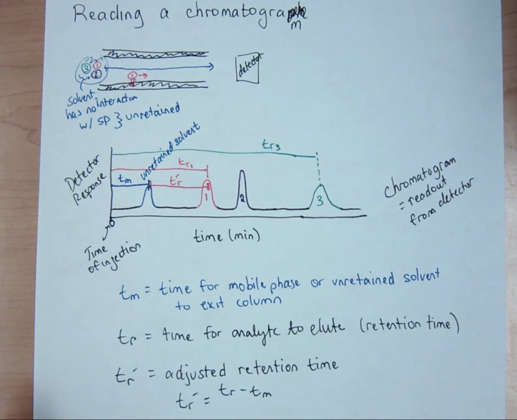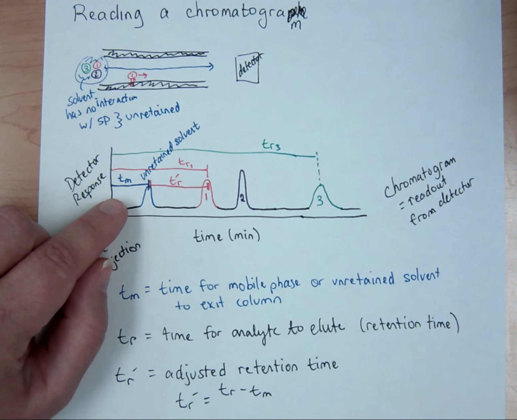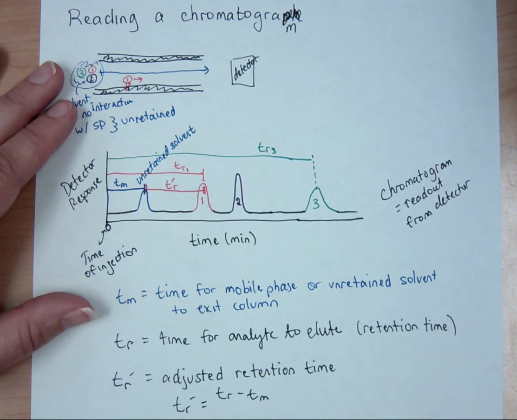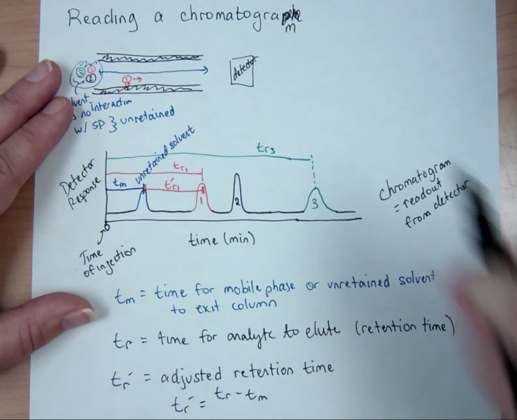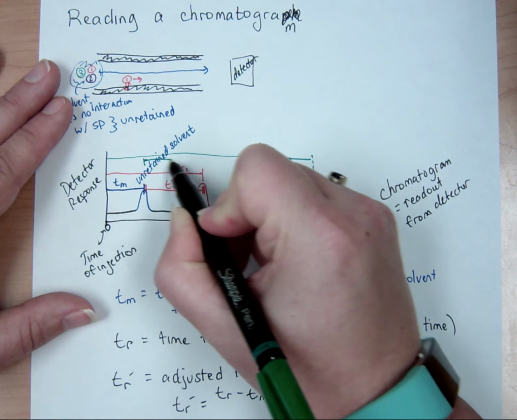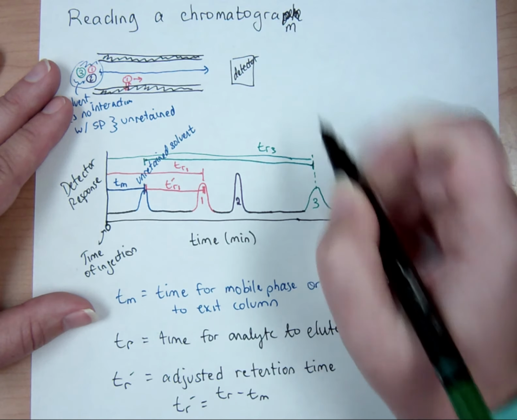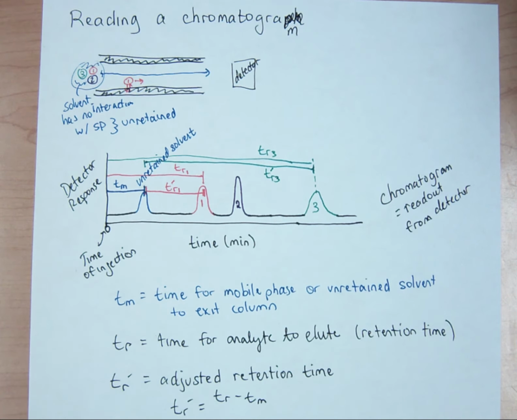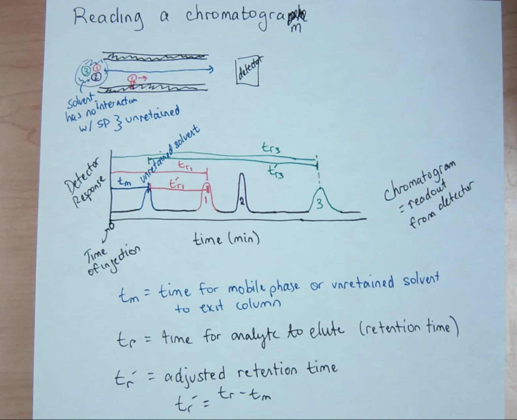So that's what we're looking at there. So we have an adjusted retention time for each of the analytes. So this is our adjusted retention time for number 1, and we can do the same kind of idea here with getting the adjusted retention time for analyte 3. And we put that little prime symbol, little apostrophe, to show this is adjusted retention time, not regular retention time.